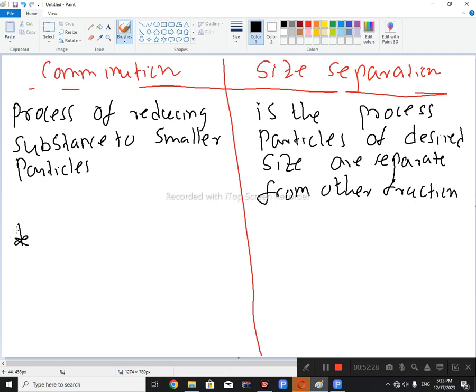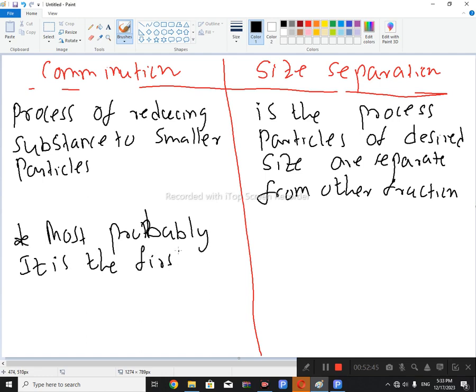Most probably it is the first step in a manufacturing process.